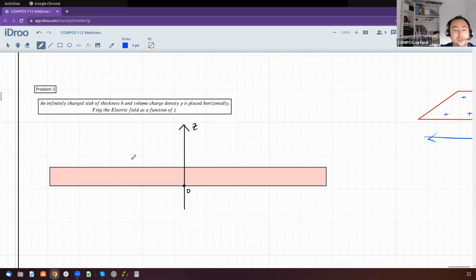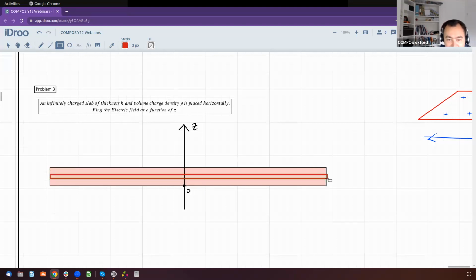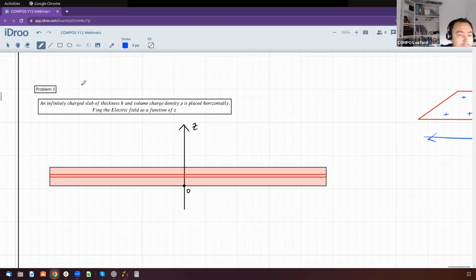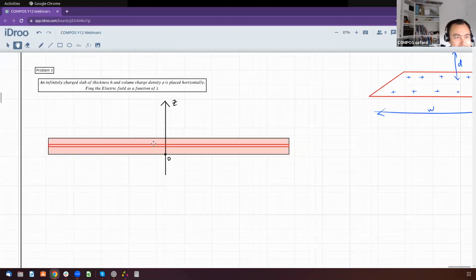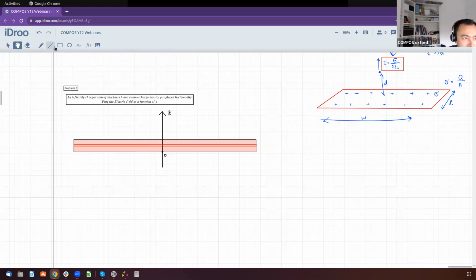Okay. So let's consider a very thin slab here. So this is a cross-section view. I hope you understand that.